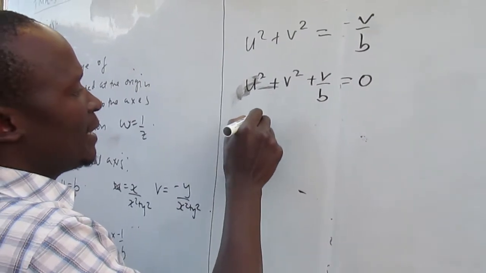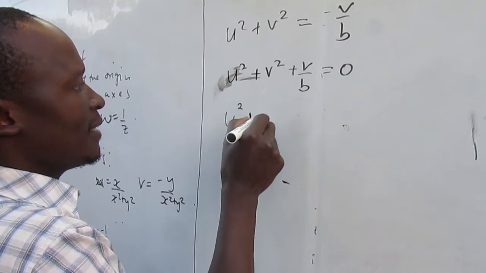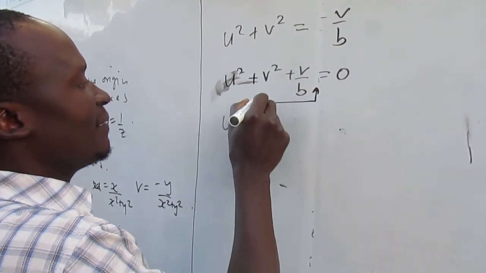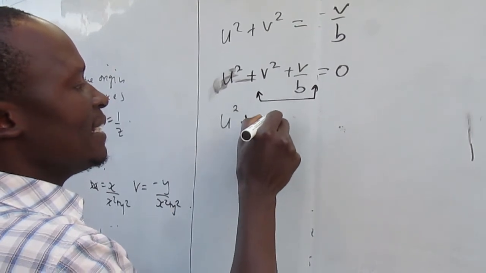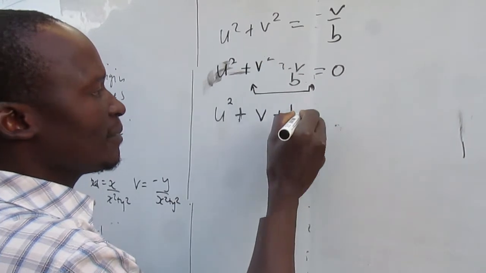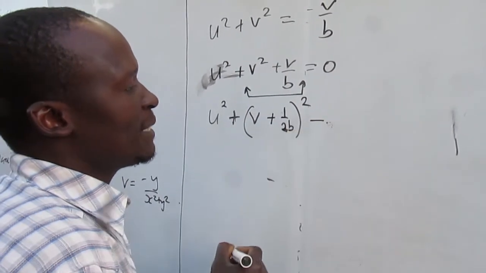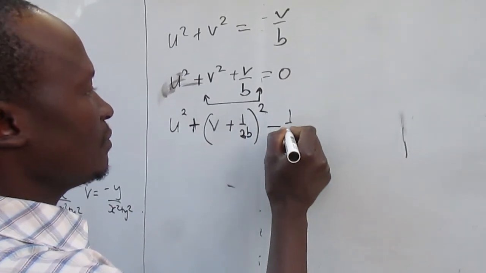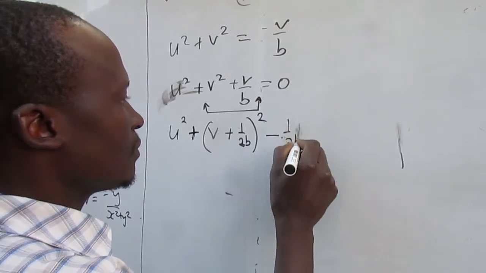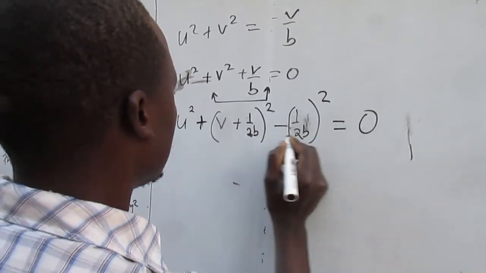So now, in order to complete the square, I'll have u squared plus v plus half the coefficient of this, squared, but then I need to subtract the same thing, and so this is equal to 0.